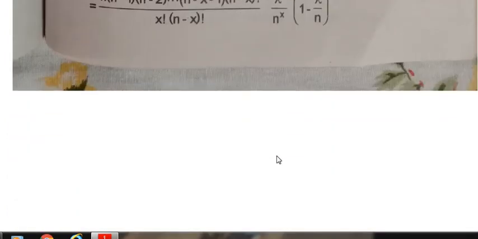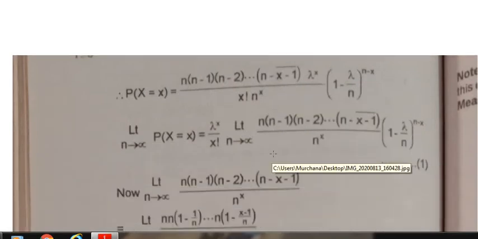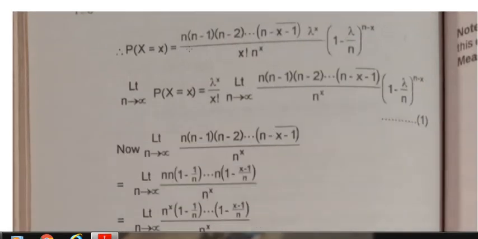After simplification, we get the probability mass function of the binomial distribution this way: P of x equals n into n minus 1 into n minus 2 up to n minus x plus 1 into lambda to the power x divided by x factorial into n to the power x into 1 minus lambda by n whole power n minus x.